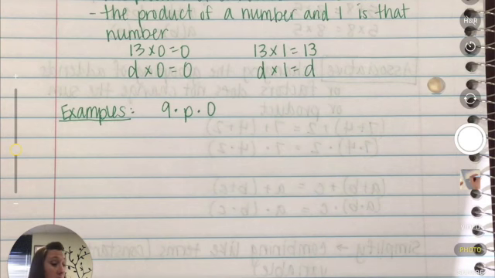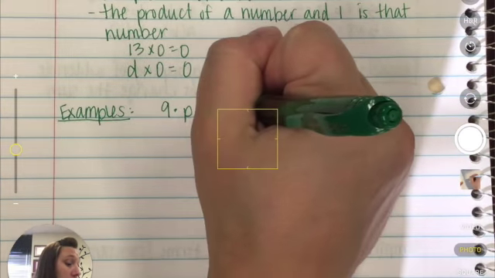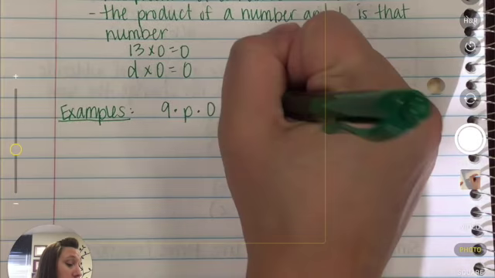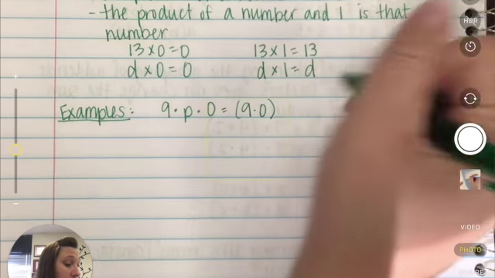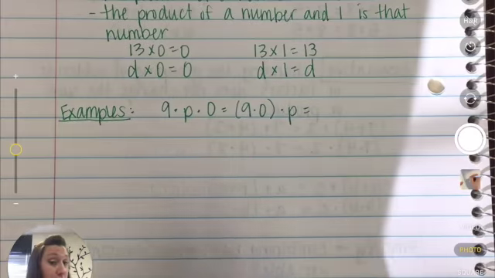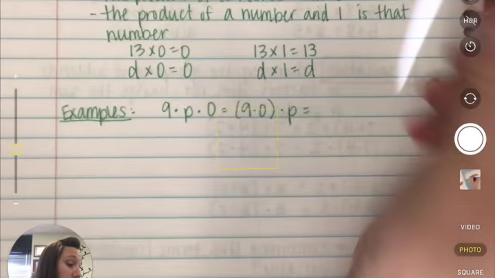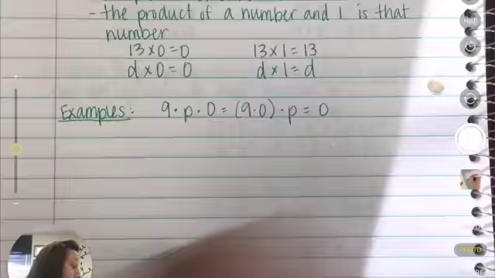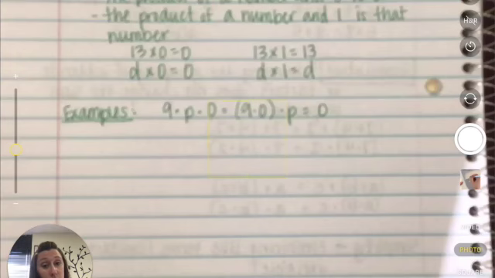Well, I can use my commutative property to multiply the 9 and the 0 together, and then multiply the p. Or you just know that anything times 0 is going to be 0, so it doesn't matter what this variable is, it's always going to have the product of 0.